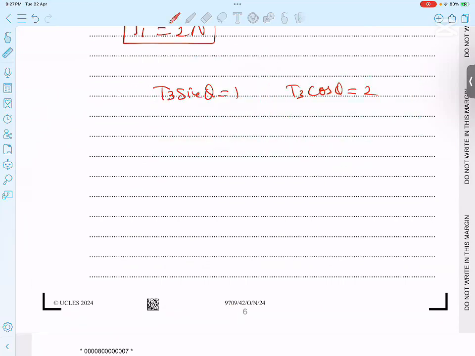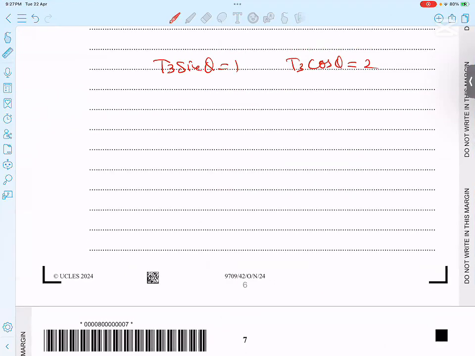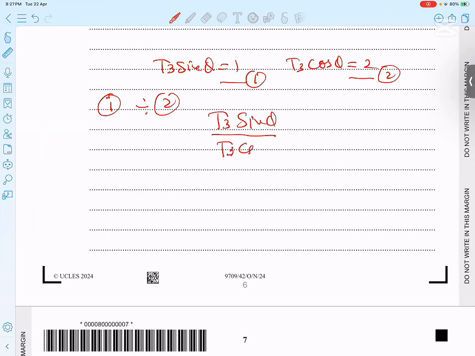When I try to solve them, first of all, you know, sine over cos is tan. So if I divide equation number 1 by equation number 2, what happens? T3 sine theta up, T3 cos theta down, and 1 up, 2 down. The T3 cancels out. I got tan theta is equal to half.